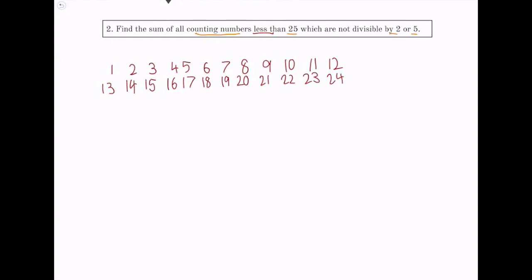Okay, so now all we can do is just cross out the numbers that are multiples of 2 and 5.